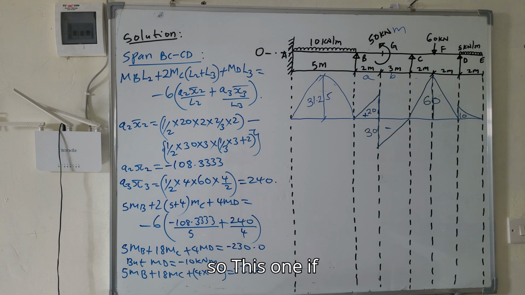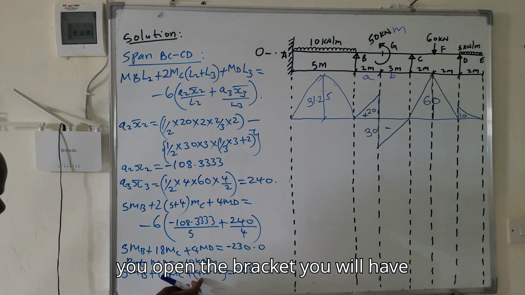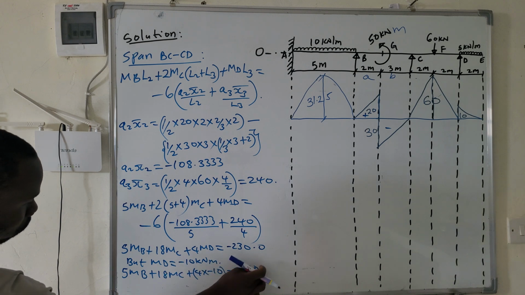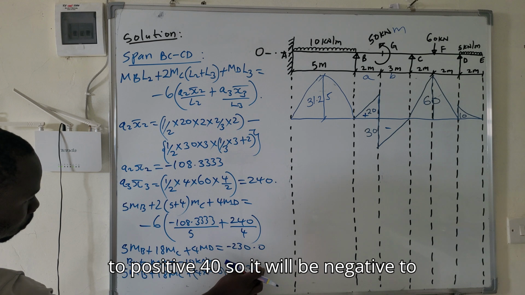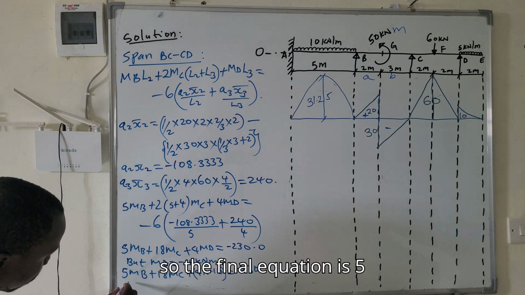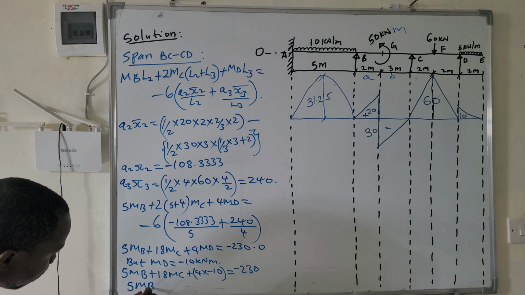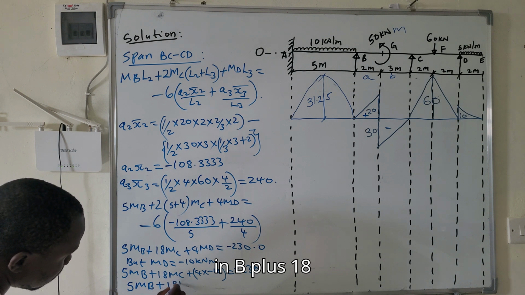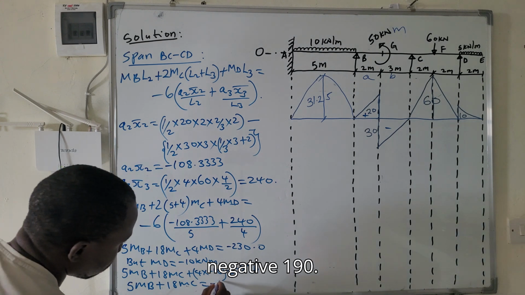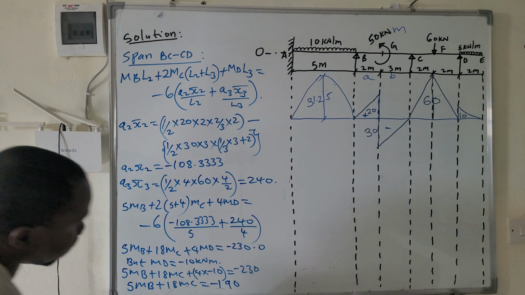If you open the bracket, you will have negative 40. Negative 40, when moved to the other side, will change to positive 40. So it will be negative 230 plus positive 40. So the final equation is 5 MB plus 18 MC is equal to negative 190.